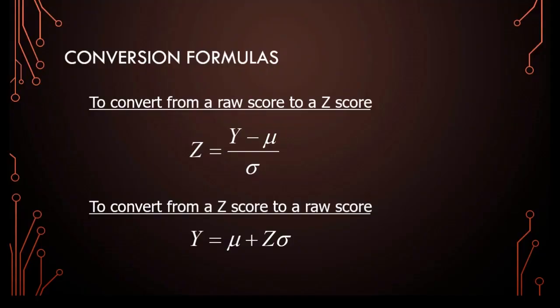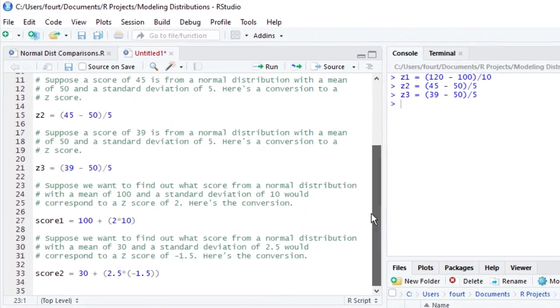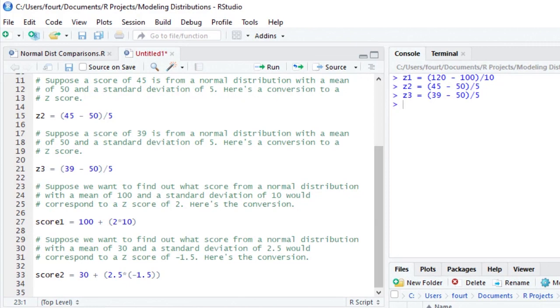We also have a formula for converting a z-score to a raw score. We multiply the z-score by the standard deviation and add this to the mean. Let's try it. Suppose we want to find out what score is 2 standard deviations above the mean on a normal distribution with a mean of 100 and a standard deviation of 10.